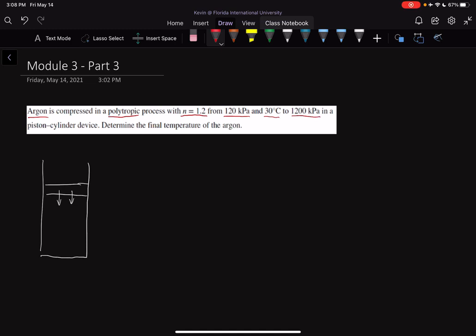So some of the assumptions that we're going to make in this question. Okay, so we have argon in here. Some of the assumptions that we're going to make in the question are that we're going to be using ideal gas. We know that argon is a gas, and we're going to assume that we have an ideal gas. Okay, we're not told anything else in terms of if we can use ideal gas or not.